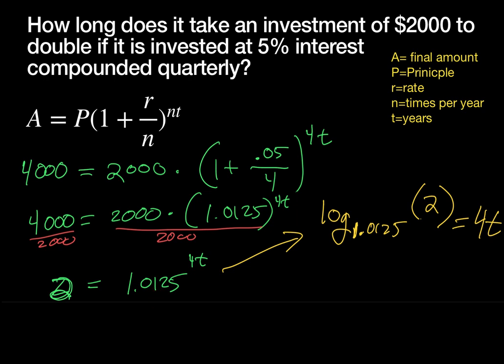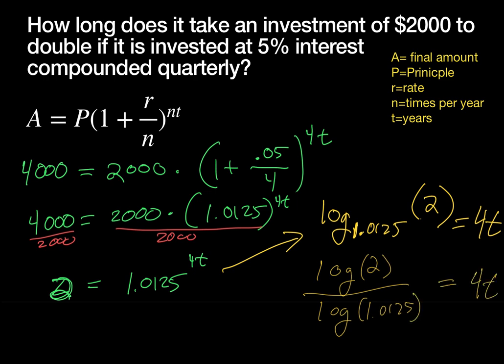All right, so these are equivalent. I don't know this funky, weird base, but I can change that to be log of 2 divided by log of 1.0125 equals 4t.